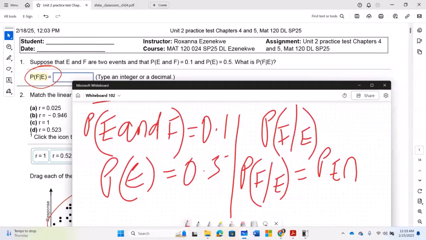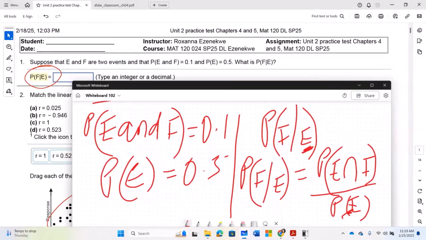I can write F first, it doesn't matter, all divided by the probability of the one that happened first. Which one happened first? The one underneath. E happened first. Therefore, the probability is underneath in the denominator.